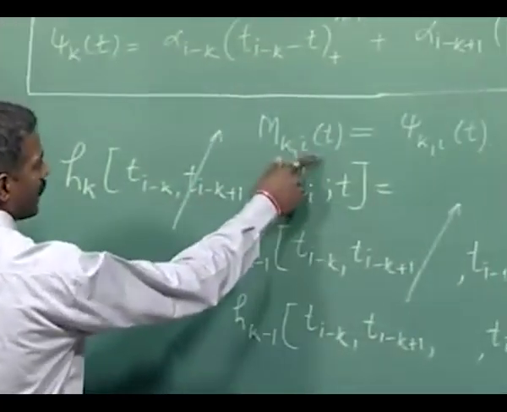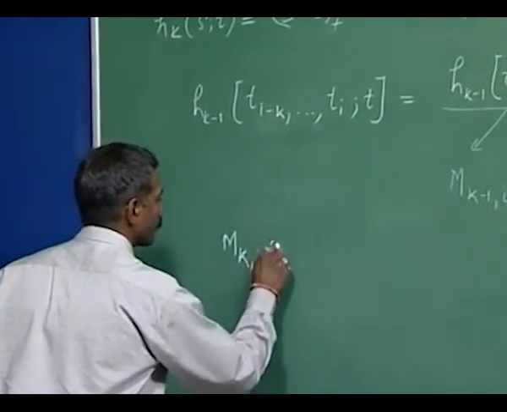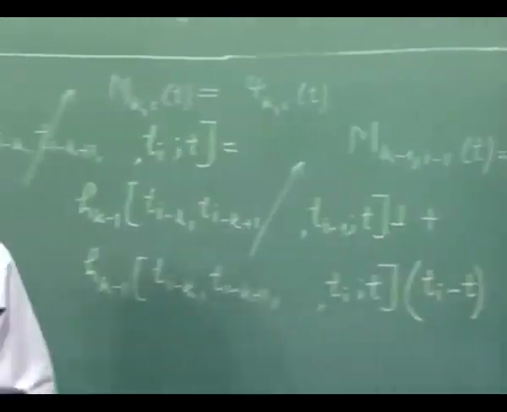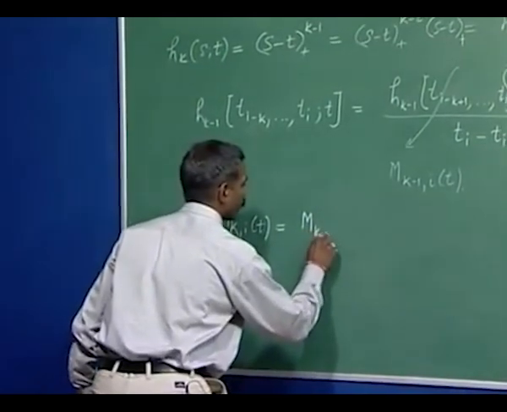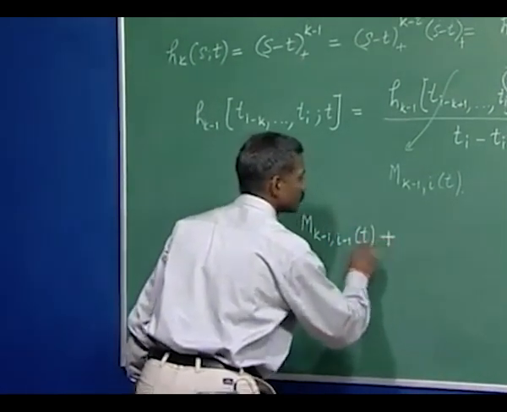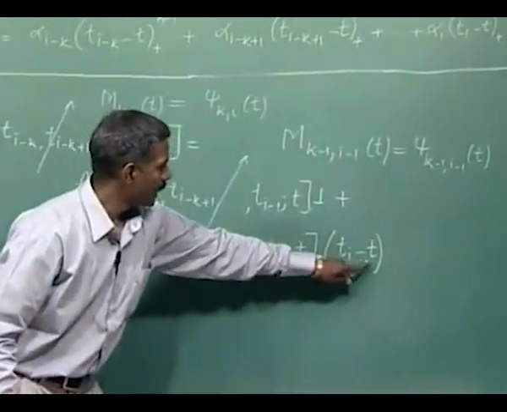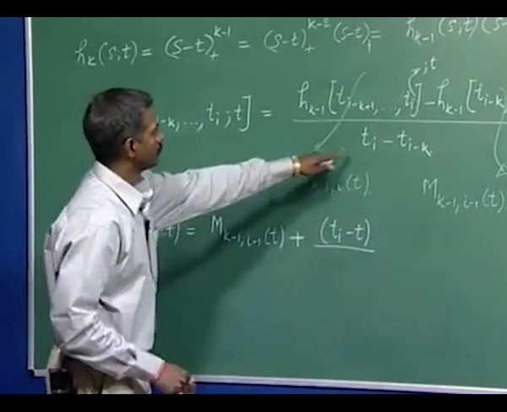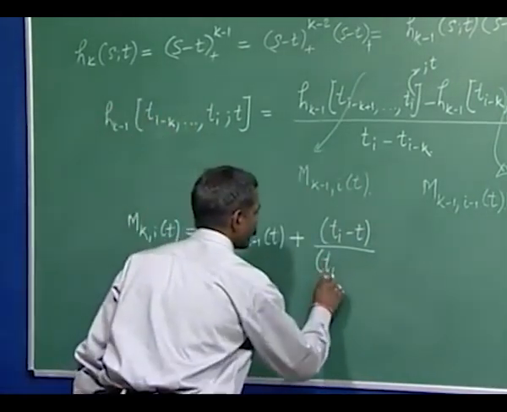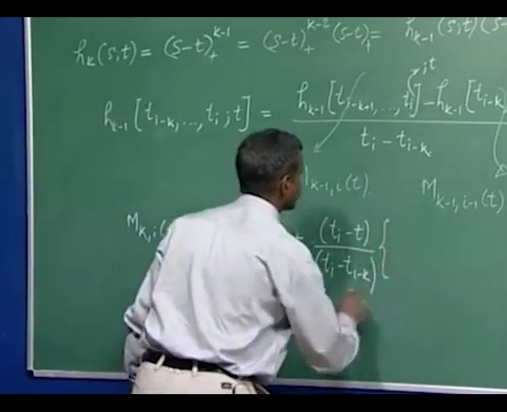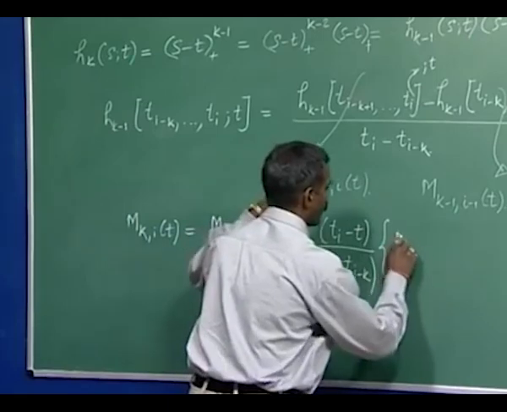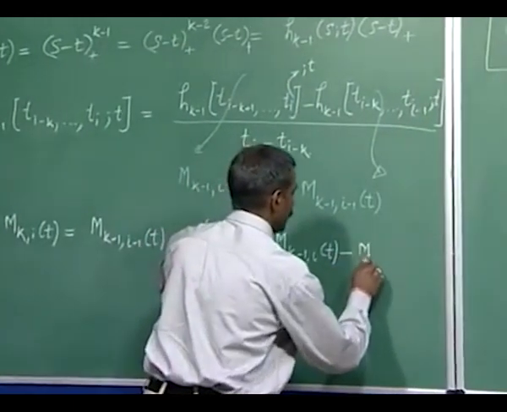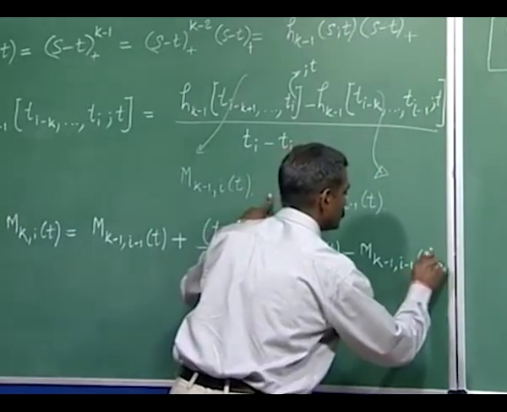So I start with m_{k,i}(t) equals m_{k-1,i-1}(t) plus (t_i minus t) over (t_i minus t_{i-k}) times (m_{k-1,i}(t) minus m_{k-1,i-1}(t)).